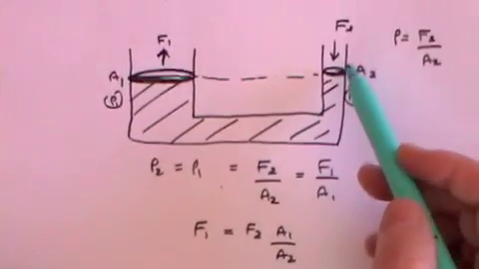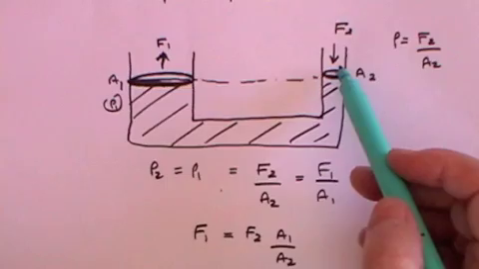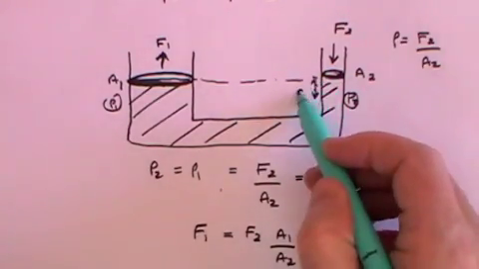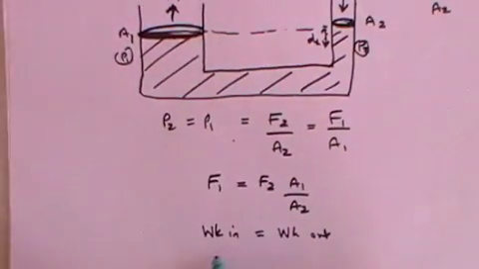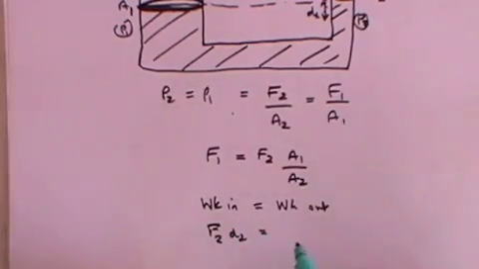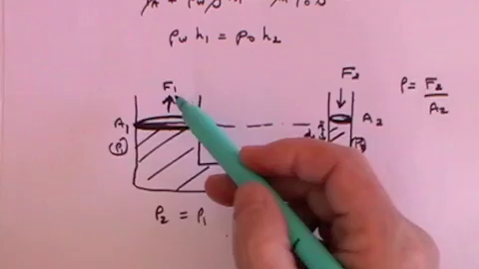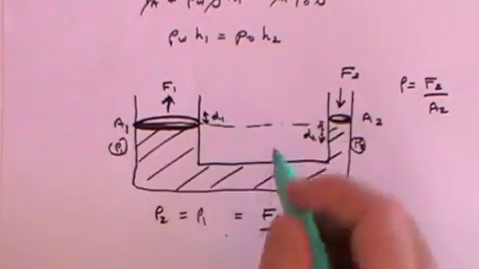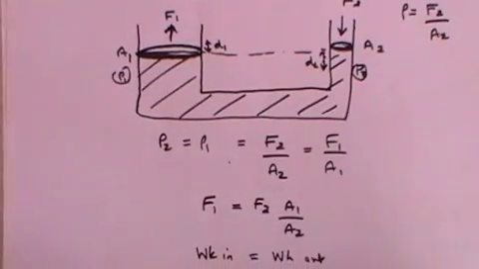So if we take the force in of F2 and we push this piston down a distance D2, then the work in is going to be force 2 times distance 2, and that will equal the force 1 times the distance that you go up, D1. And that is equal to F1 D1.